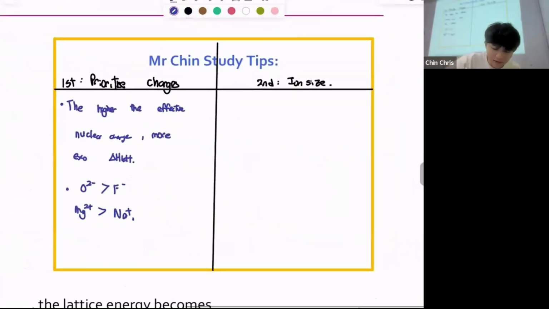All right, guys, second factor, ion size. The bigger the ion size, the more or the less negative?